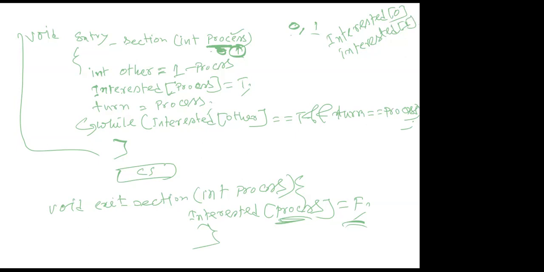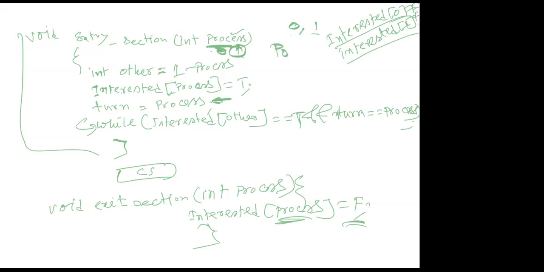At the beginning, no process is interested in entering the critical section, both are F. So if no process enters the critical section, what will happen? It will make the turn value 0 if it is from process P0.